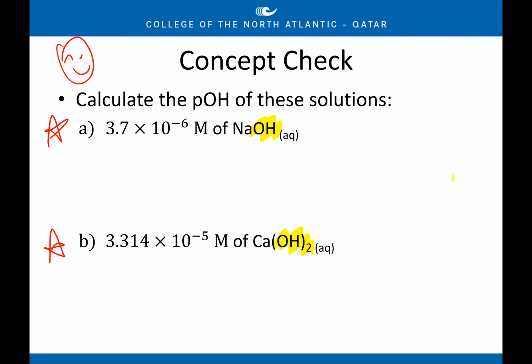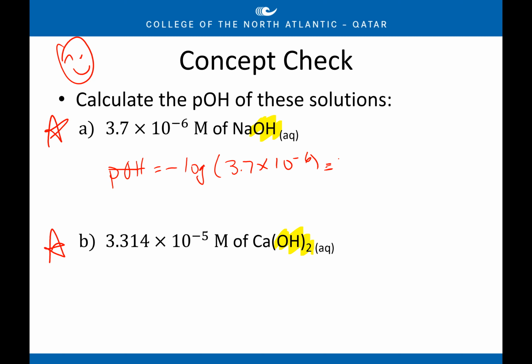Okay, let's do these quick. Letter A is easy. POH is the negative log of this number. That's it. No units, just write the number.